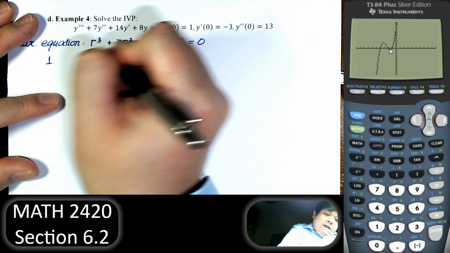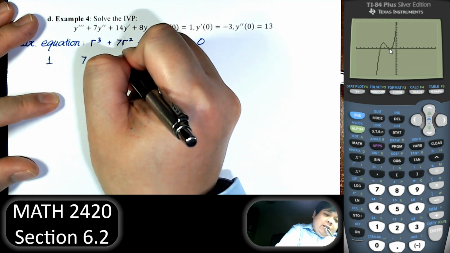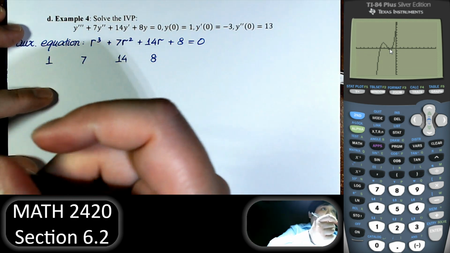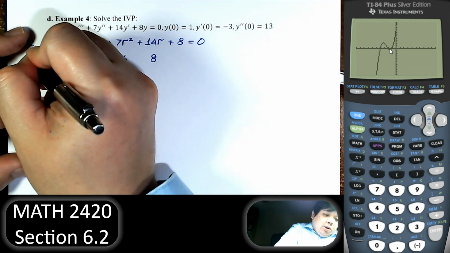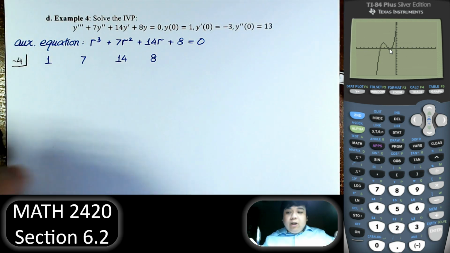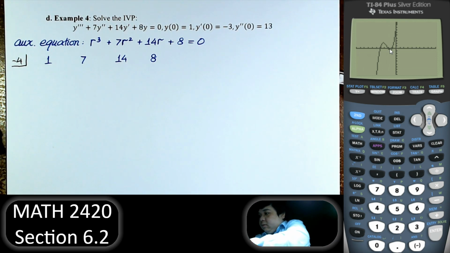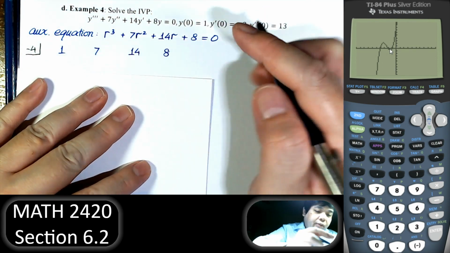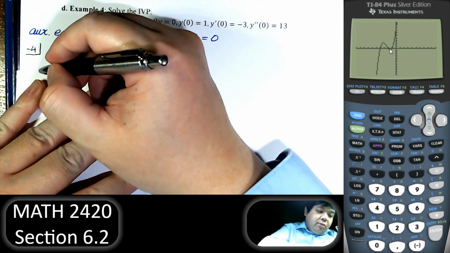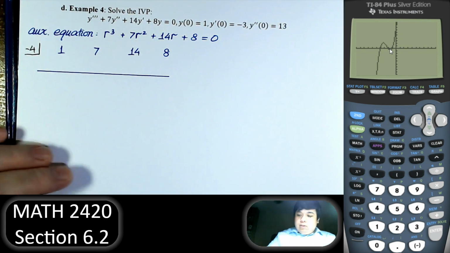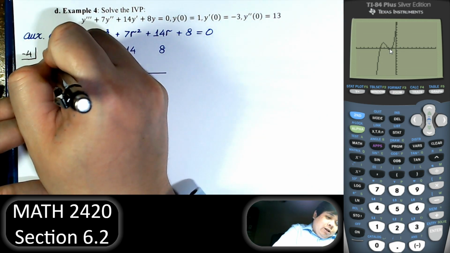So we have 1, 7, 14, and 8. Now we have -4, -2, and -1. So let's just try with -4 first. Now divide them. Bring down the 1.